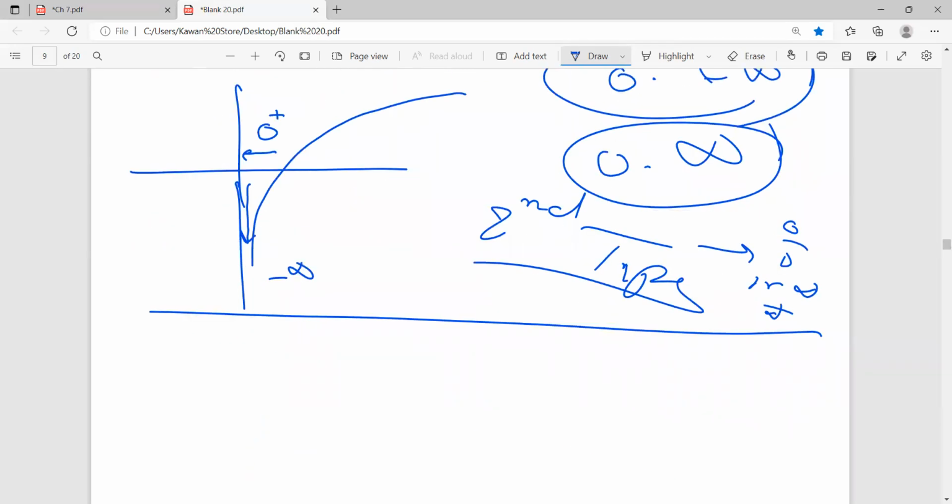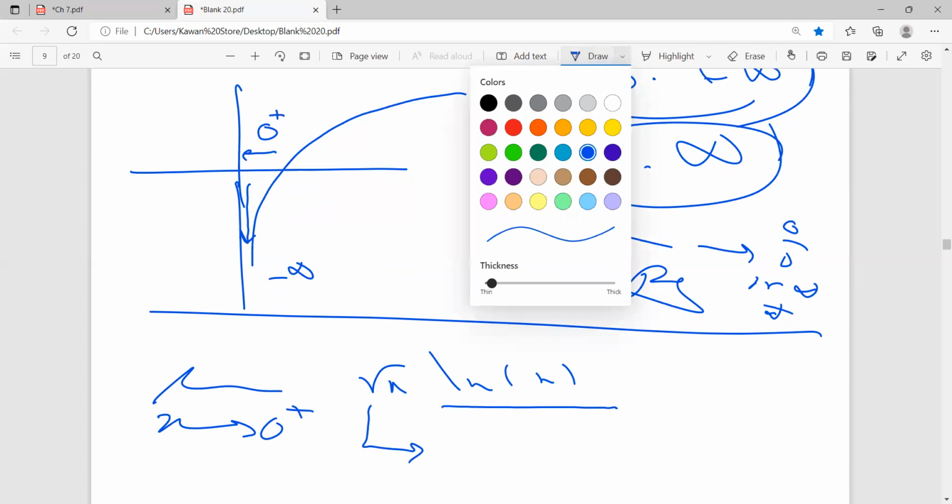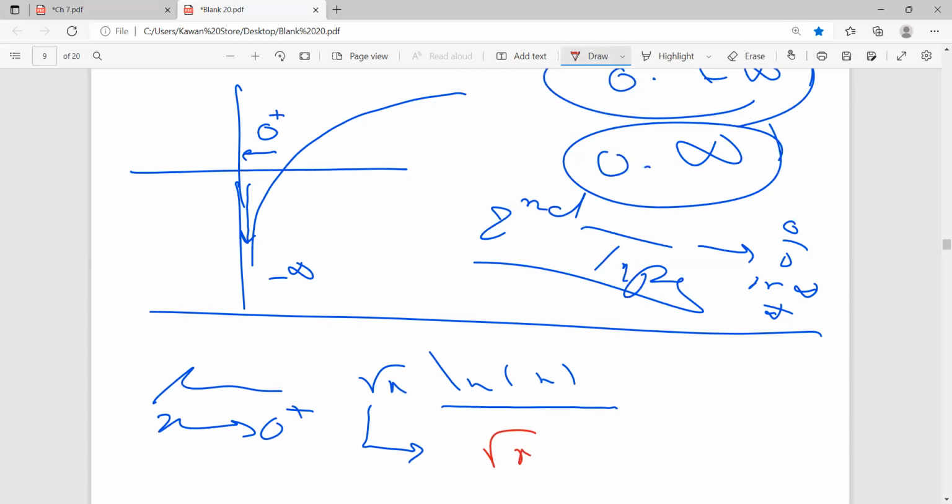It's easier than that one. So x approaches 0, then of x, here I have square root of x, right? So I'm going to make it a denominator. How? Can I write it like that? Is it true? No, of course not. How about that one?